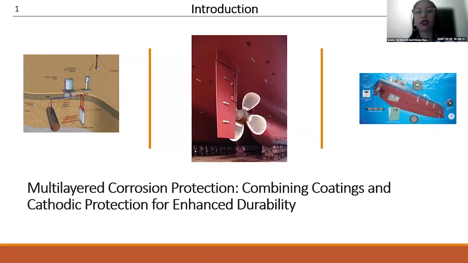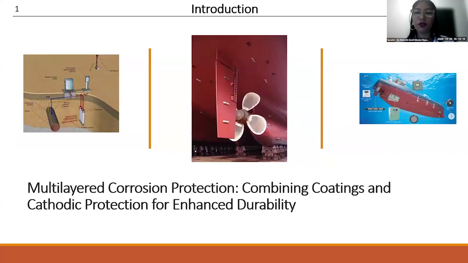In these systems, coatings serve as the first line of defense, acting as a physical barrier that prevents direct contact between the metal and the environment. Some coatings are enhanced with pigments that act as corrosion inhibitors, offering localized protection, and additionally, cathodic protection systems provide a second layer of defense, further delaying coating failure and extending service life.